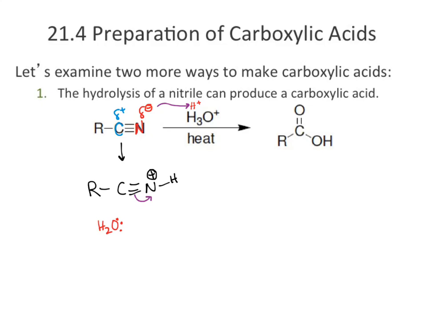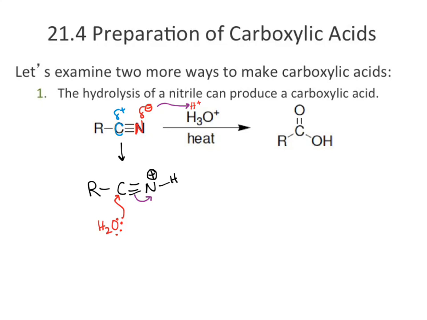Be careful with that. Why water and not OH? OH is a base. What conditions did we start with? Acid. Be very careful with your starting conditions and make sure you appropriately adjust for those conditions.